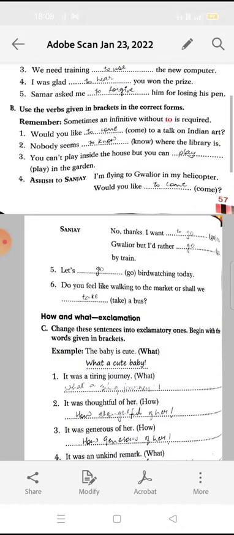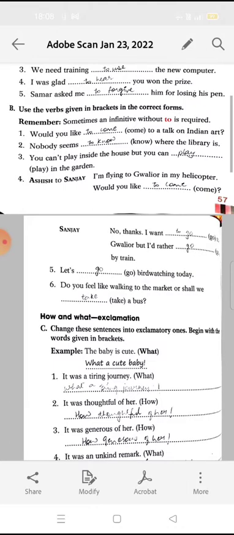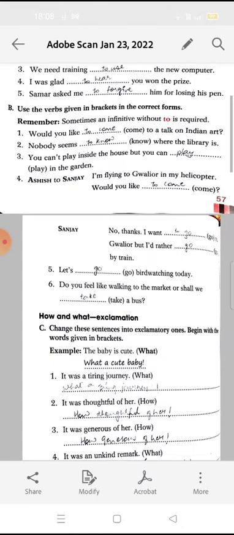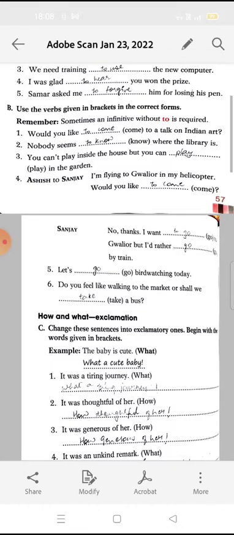You can't play inside the house, but you can play in the garden. Modal verbs, when we use modals, we don't use to. So can is a modal.